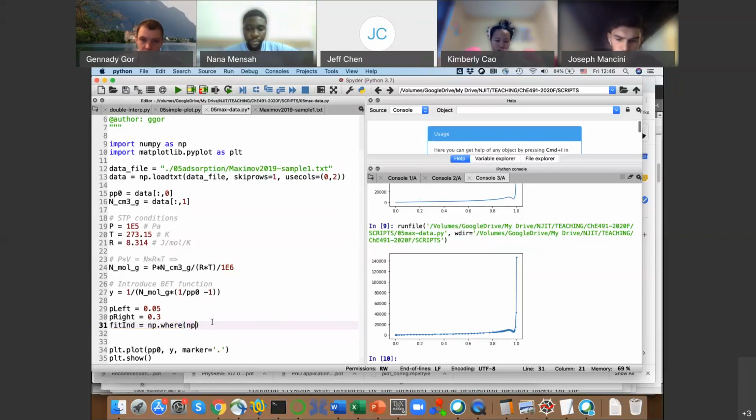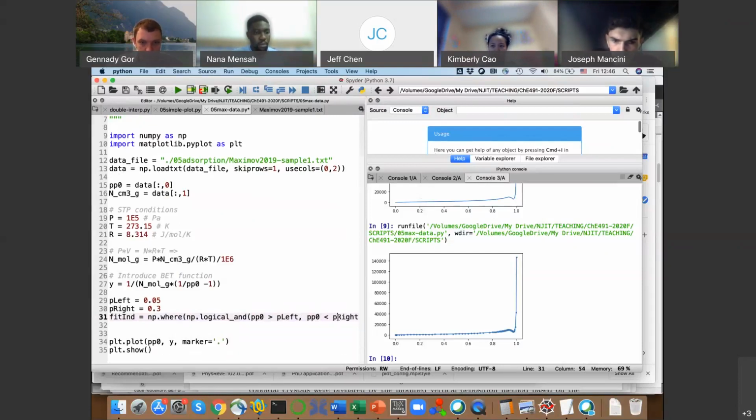And let me write it as numpy logical and. I need the indices where my pressures are, not either, but are at the same time higher than P left, and my pressures are lower than P right.